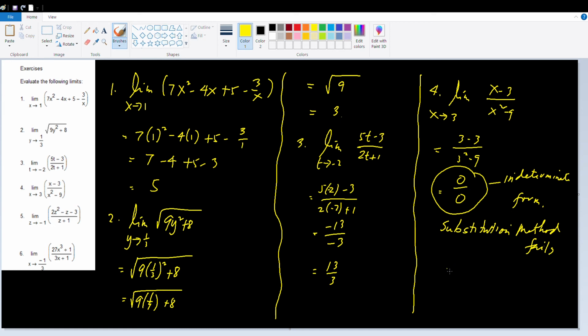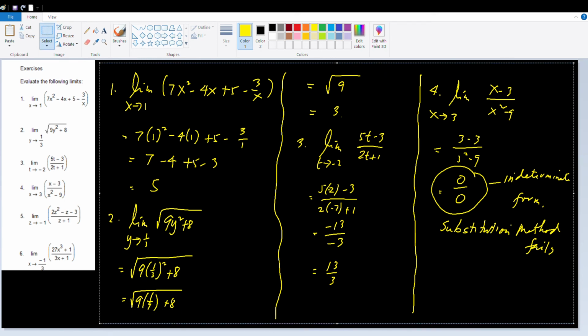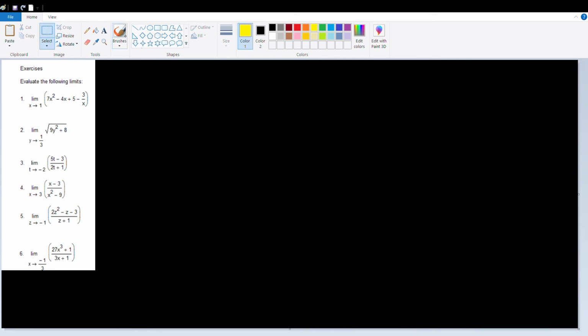So going back to the problem, let me now erase this. Going back to our problem, the limit of x minus 3 over x squared minus 9 as x approaches 3.